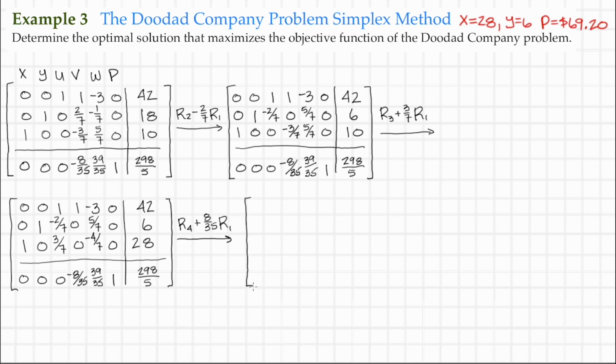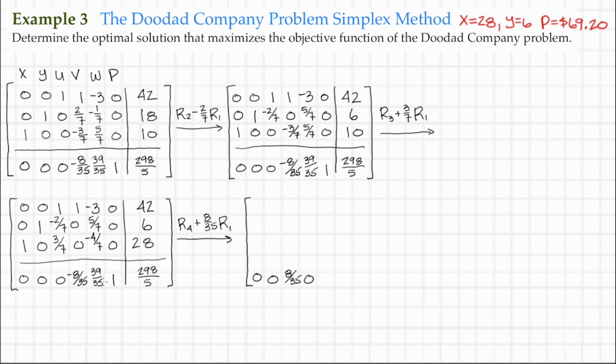Put in our bracket. 0, 0, and 0. Copy it over. 0, 0, and 0. Copy it again. 1 times 8/35 is 8/35. 0 plus 8/35, 8/35. 1 times 8/35 is 8/35. Negative 8/35 plus 8/35, and of course that's 0. That's the whole idea. Negative 3 times 8/35, that's negative 24/35.